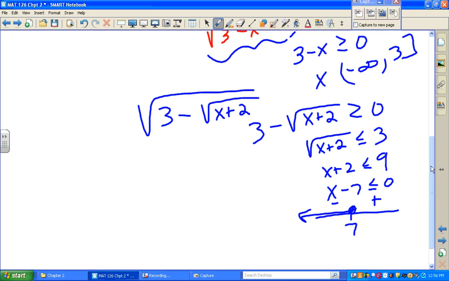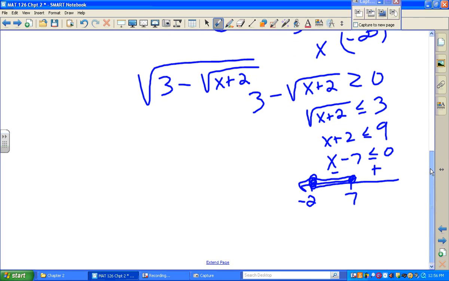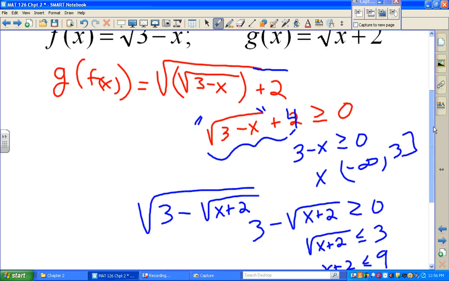So not only does this expression have to be less than 3, it has to be greater than negative 2. I'd buy that. It'd be from negative 2 to 7. See, that's a lot tougher problem when you're subtracting inside the radical than when you're adding. There's a lot more to keep track of. Yeah, right, it can equal negative 2. If I put in 7, it's going to be bigger.